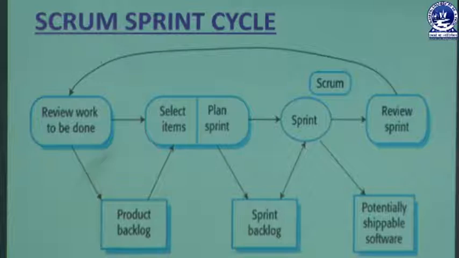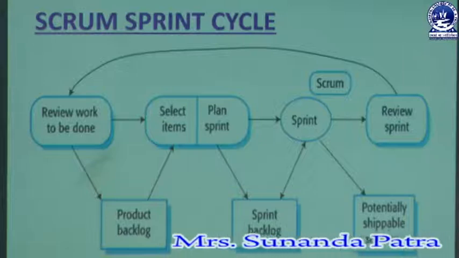But for the sprint backlog, we divide this product into different versions or increments. For version 1, we have sprint 1. For version 2, we have sprint 2. For version N, we have sprint N. So there are a number of sprint backlogs according to the versions or increments.